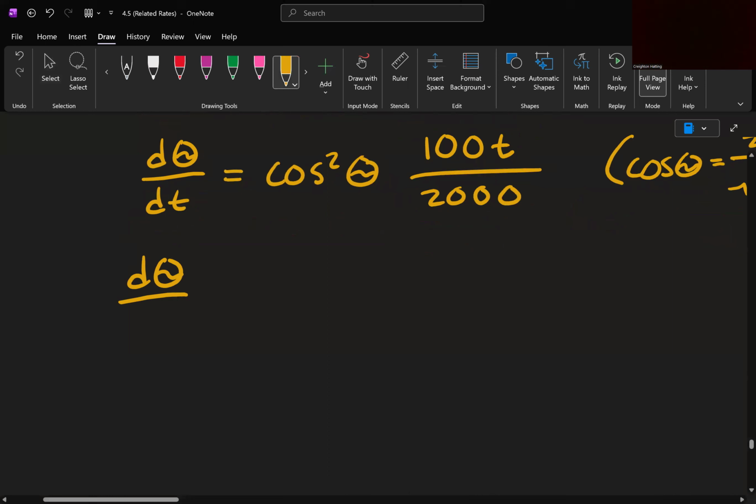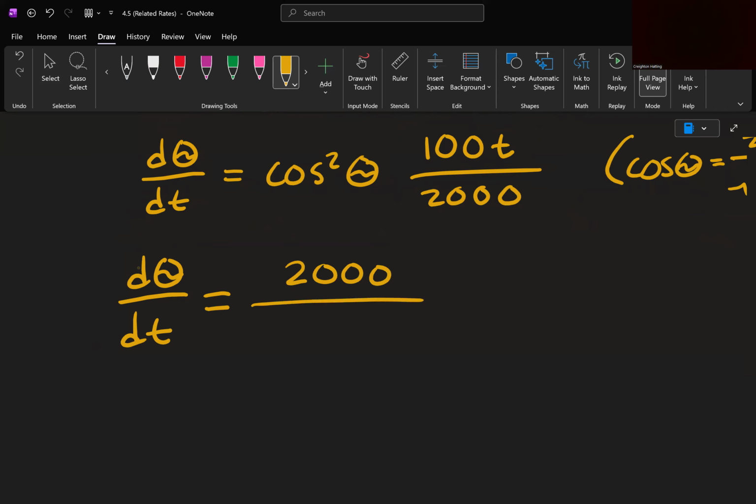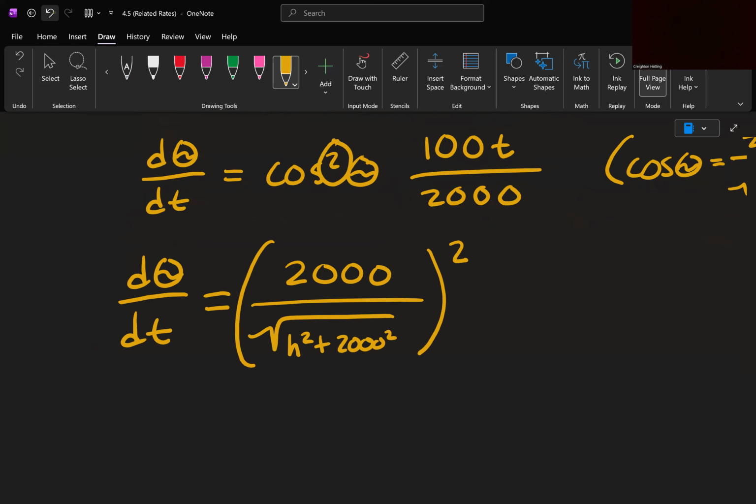So if I substitute this, we're going to have d theta dt is now equal to 2000 over the square root of h squared plus 2000 squared, because cosine squared is here, okay?